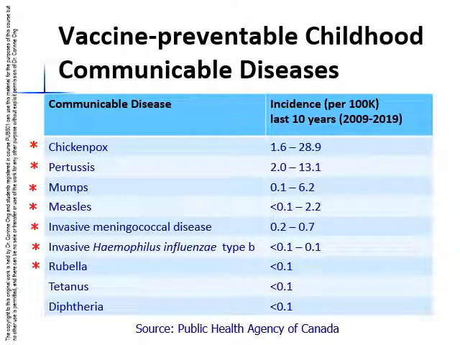Rubella has an even lower incidence rate of less than 0.1 case per 100,000, as may be anticipated for diseases that can be prevented by immunization. The diseases marked by a red asterisk are the ones we will be covering in this lecture. We'll look at the viral diseases first, then the bacterial ones.